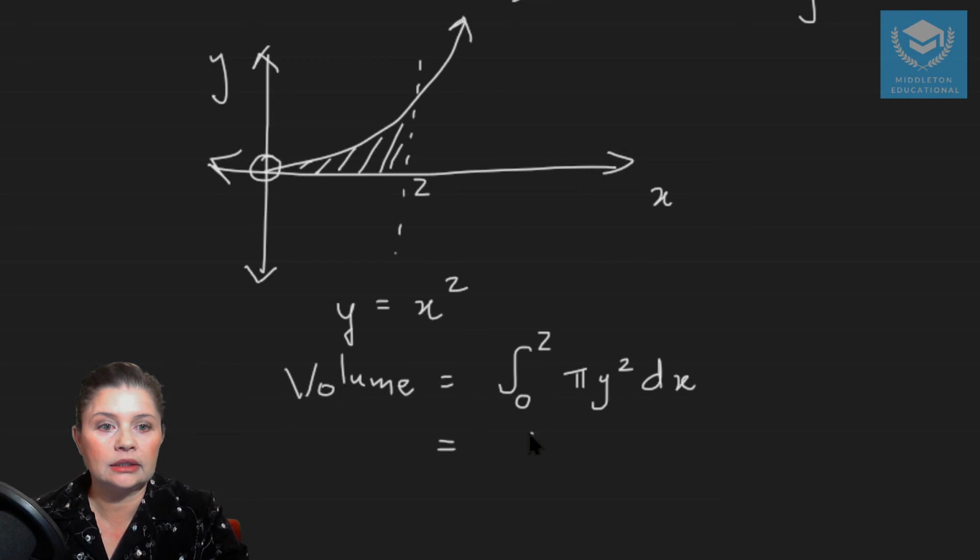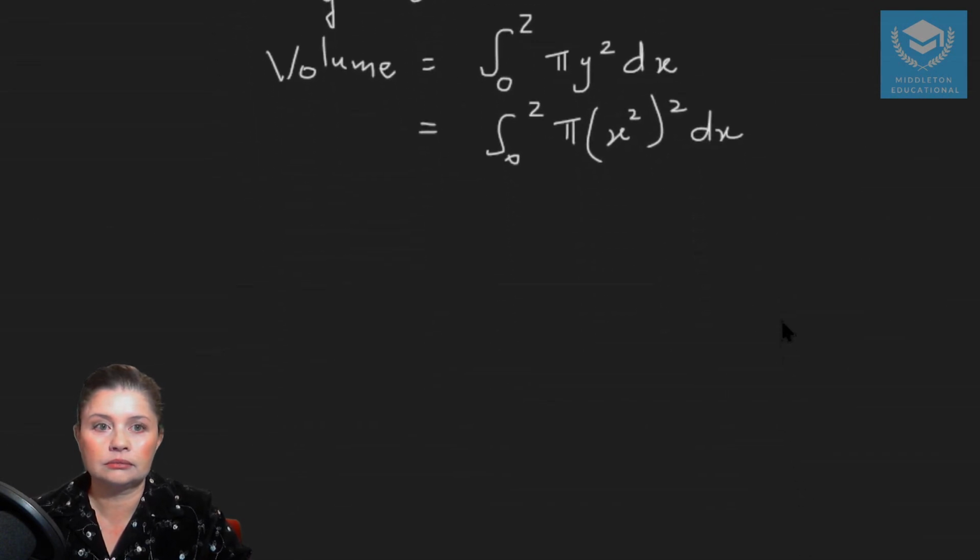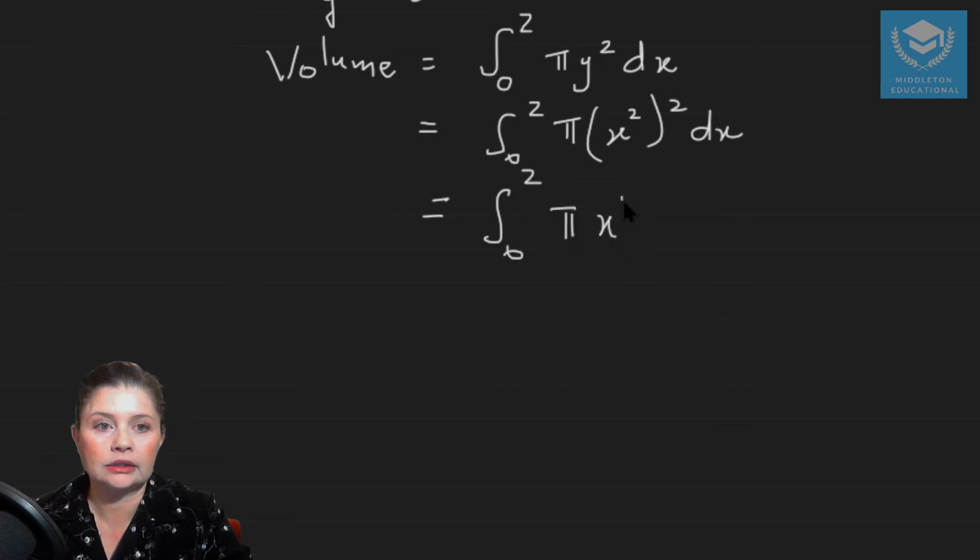And y in this case is going to be x squared, so it's pi times x squared, squared, dx. Then we can simplify the integral, and we're going to have pi x to the 4 dx.